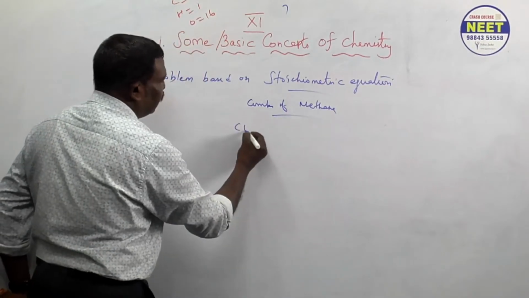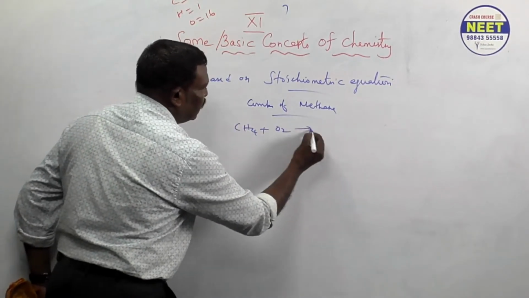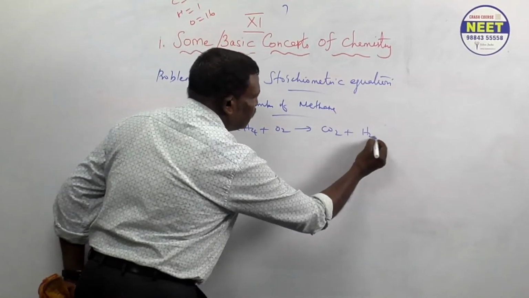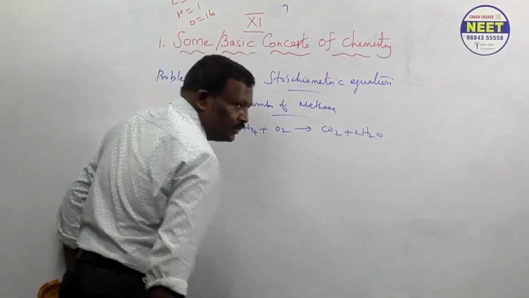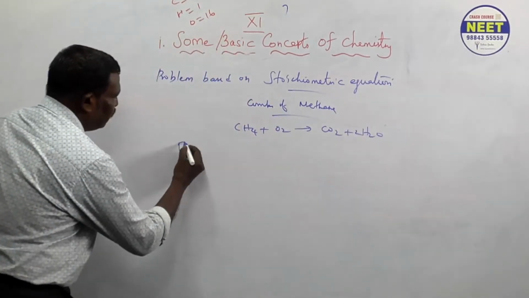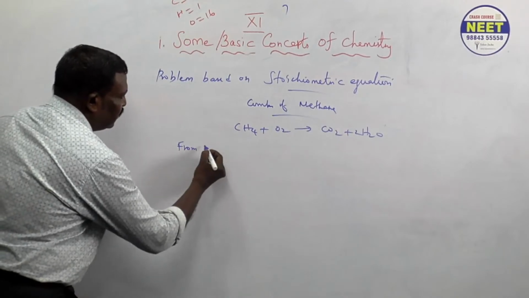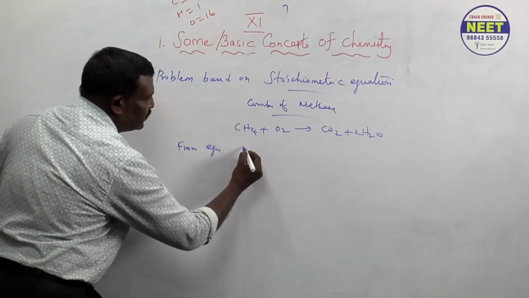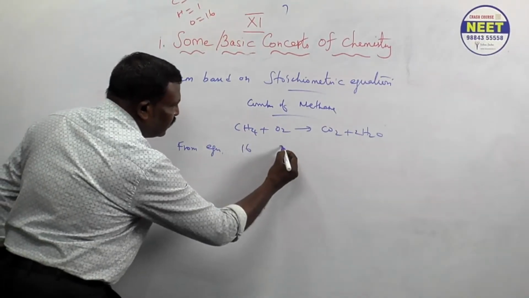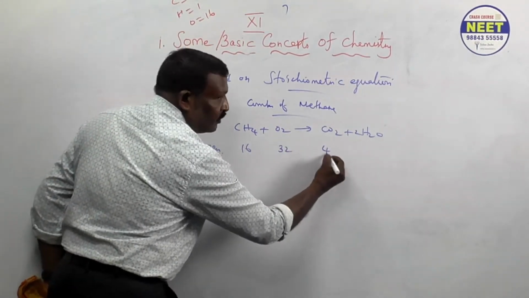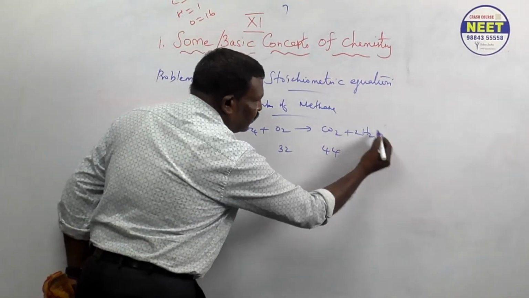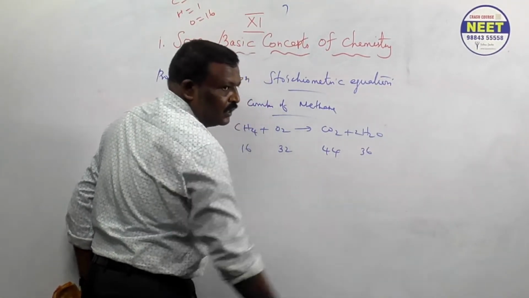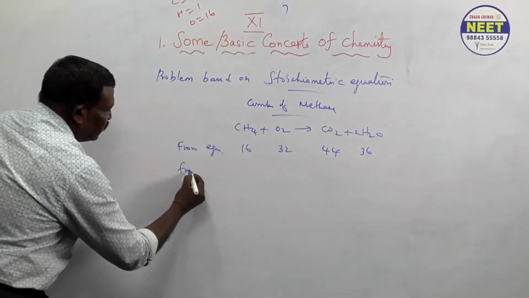CH4 plus O2 gives CO2 plus H2O. From the equation, what information we are getting? 12 plus 4 is 16, 32, 44, 36. This information we are getting from the equation. Understood? Now come to the question.